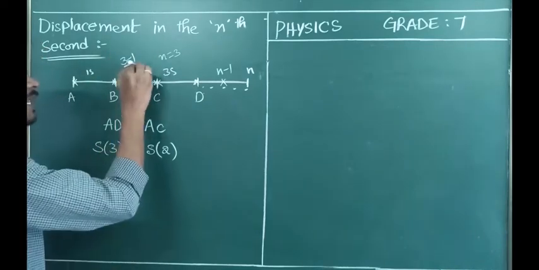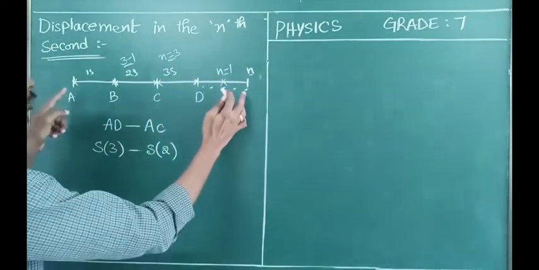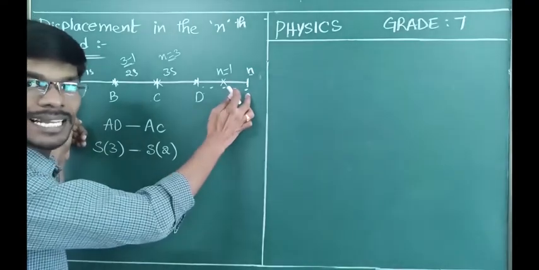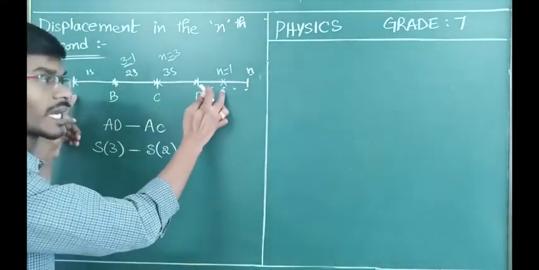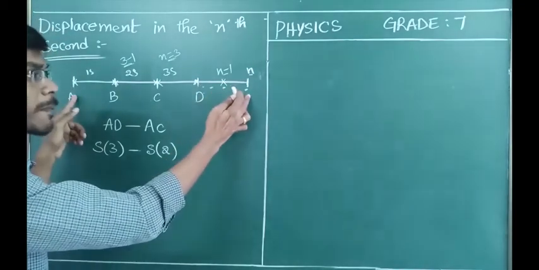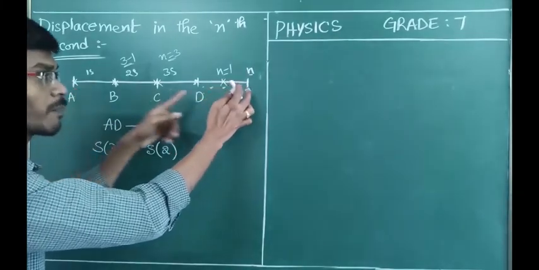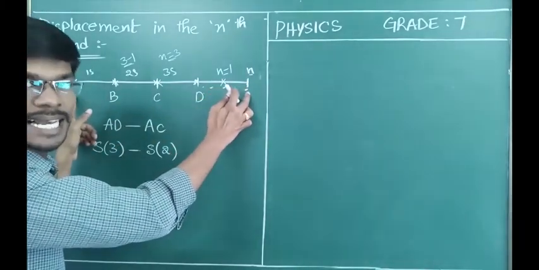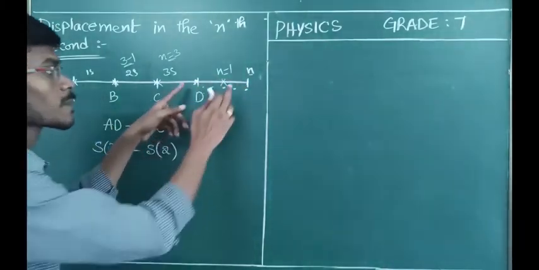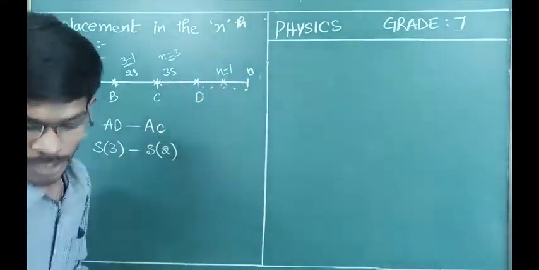So likewise here, n and n minus 1: the total distance travelled in n seconds minus the distance travelled in n minus 1 seconds. If we subtract the total displacement travelled in n minus 1 seconds from the displacement travelled in n seconds, we will get the displacement travelled by the object in the nth second.